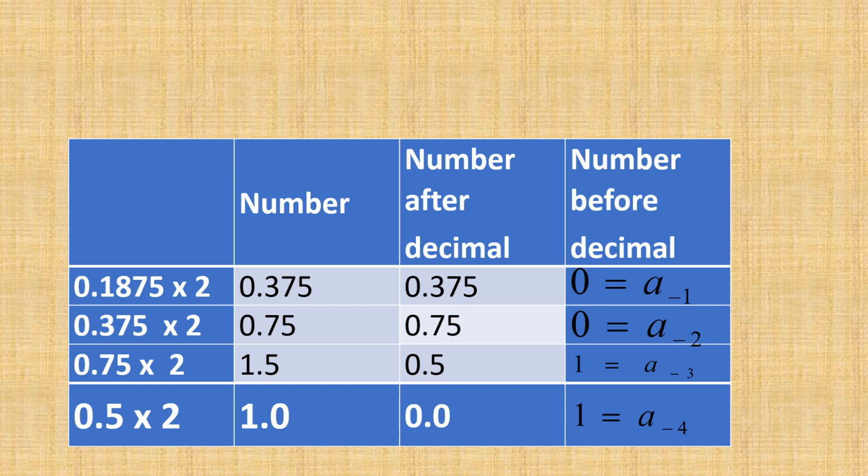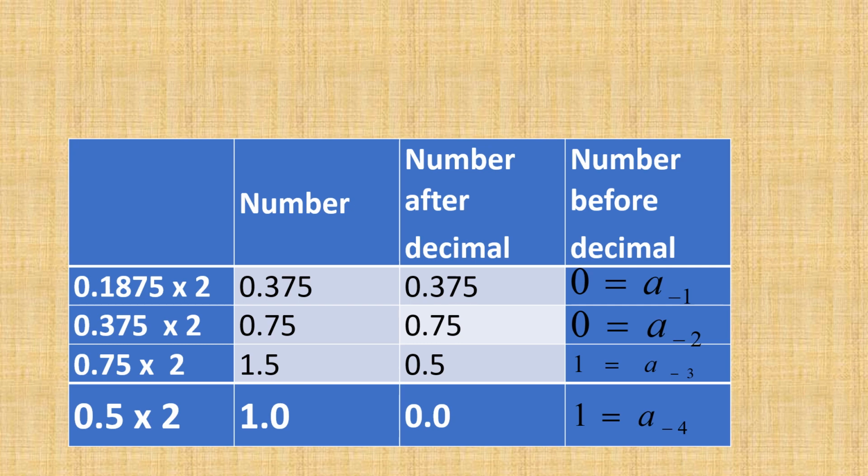Here the number after the decimal is 0.75, the number before the decimal point is 0, which will be recorded as A_-2. 0.75 times 2 equals 1.5. Here the number after the decimal is 0.5, the number before the decimal point is 1, which will be recorded as A_-3.